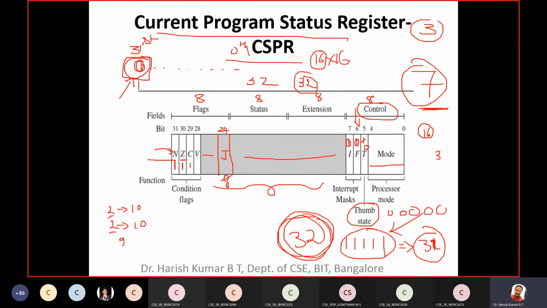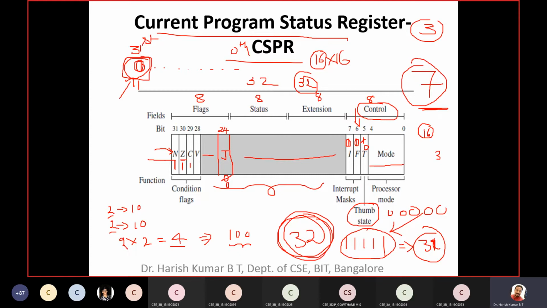Now I multiply this 2 into 2. What is the result? 4. Correct, right? I cannot represent this 4 using 2 bits, so I have to write it as 1 0 0. But 3 bits you cannot write.